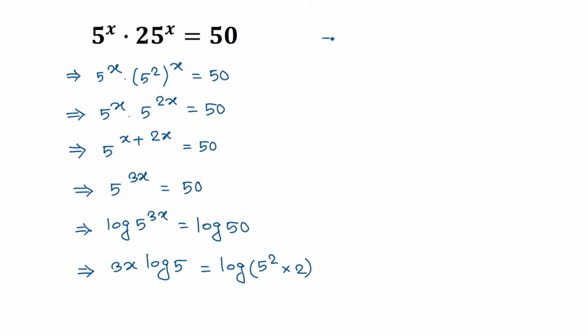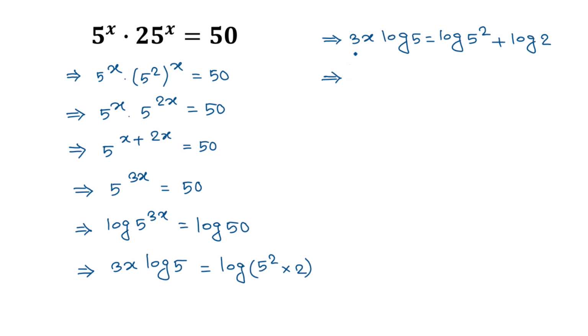Now on the left side, this is 3x times log of 5 is equal to, applying the formula log of a times b is equal to log a plus log b, we will get log of 5 squared, as log a, plus log b, that means log of 2.